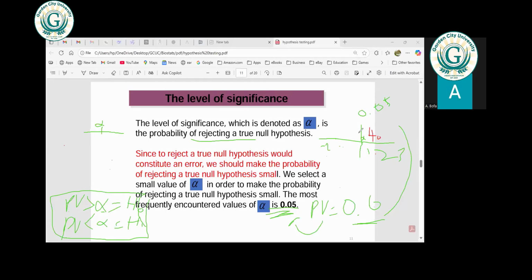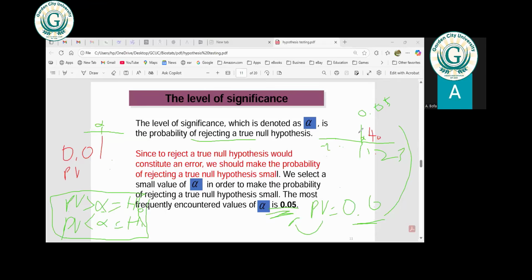This time around we have 0.01 as the new probability value. Is it greater than the alpha 0.05 or less than 0.05? It's less than 0.05. Good. Once it is less, is it going to be on the left side of alpha or the right side of alpha? The left side. Good.